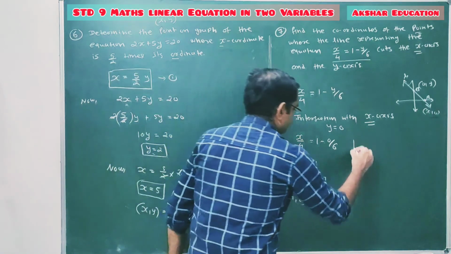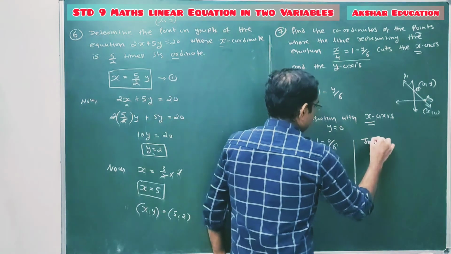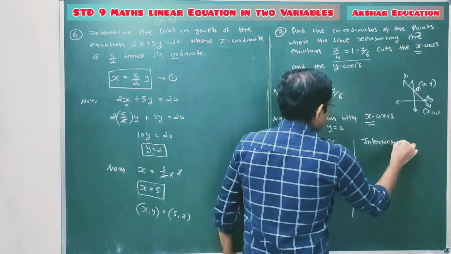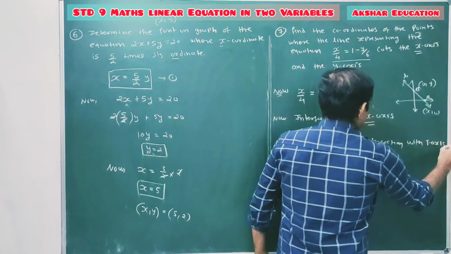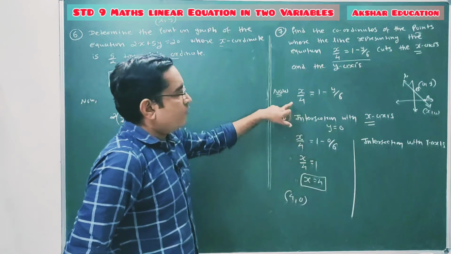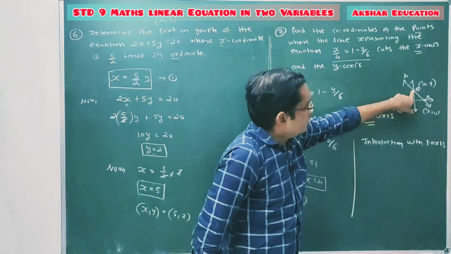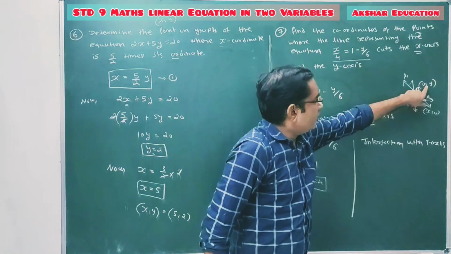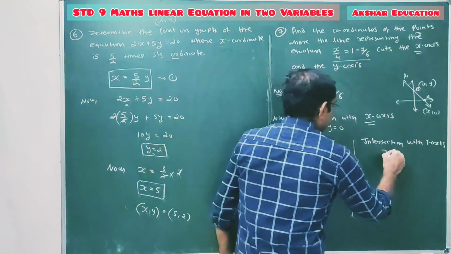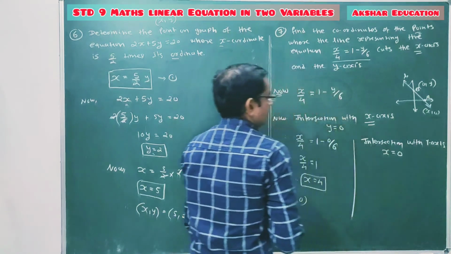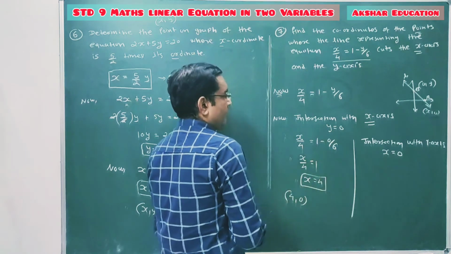Now similarly, the intersection with the y-axis. When the graph of this linear equation intersects the y-axis, the x coordinate of the intersection point will be 0. So for the intersection with the y-axis, we take the x coordinate as 0, and with respect to x equal to 0 we get the value of variable y.